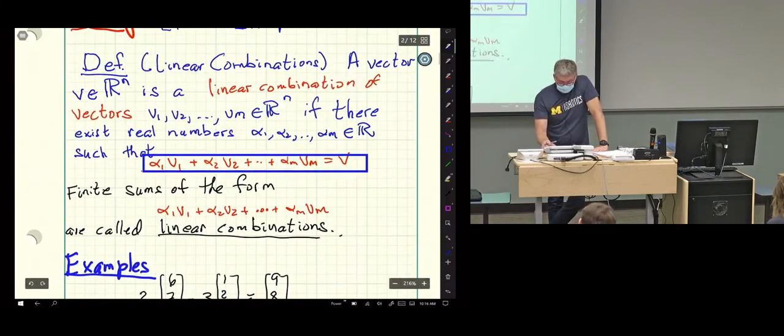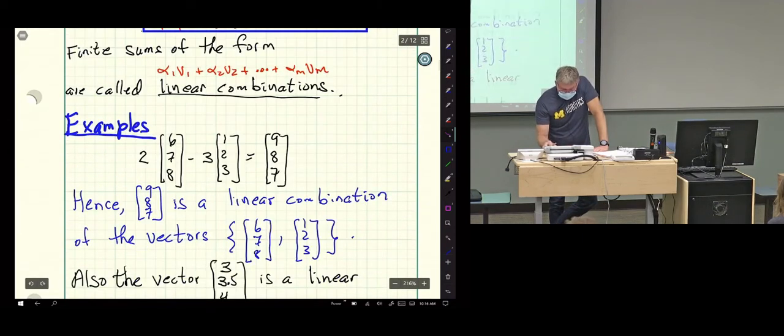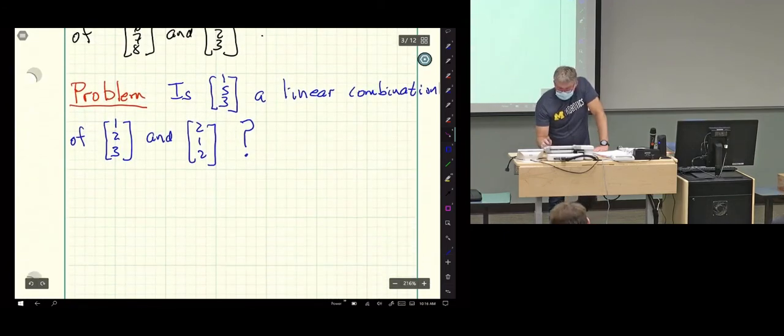Okay, so once again, I'm looking for coefficients times the given vectors to reconstruct the one vector. So V is a linear combination of all of these if I can find real numbers to do that. Well, so let's write this down in terms of the definition.